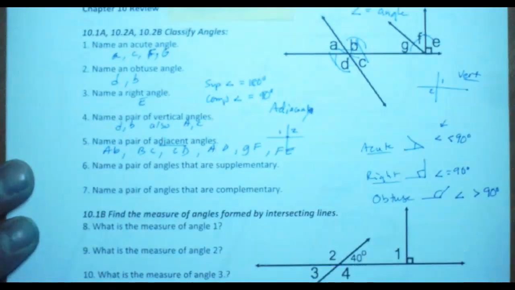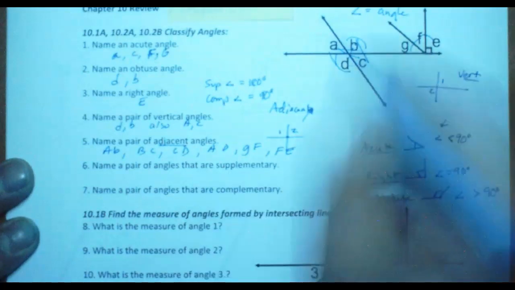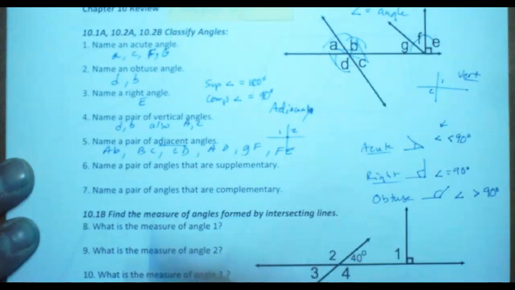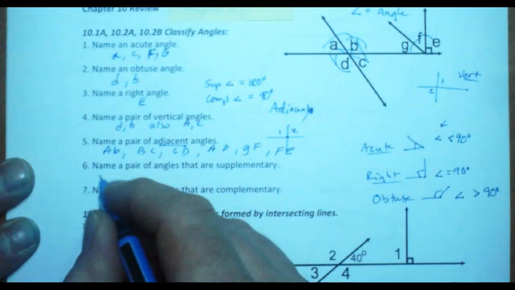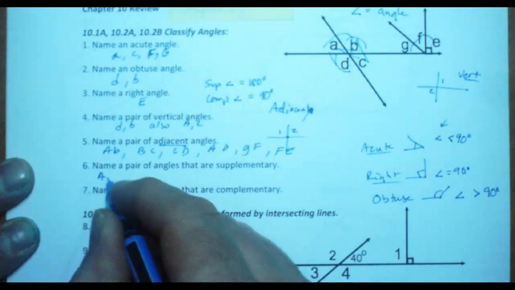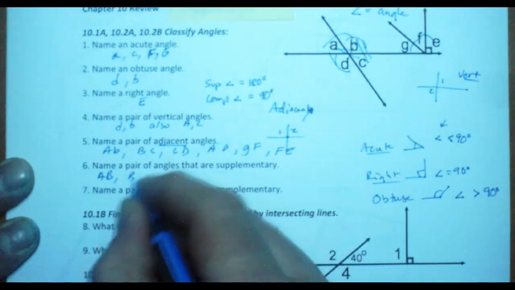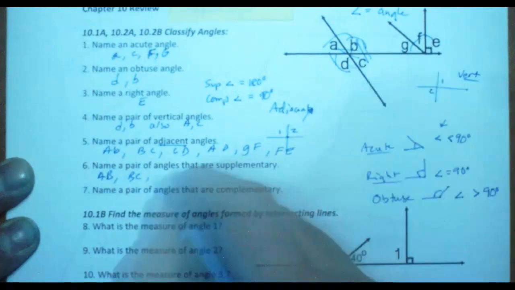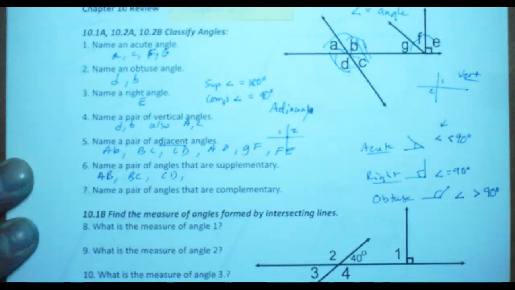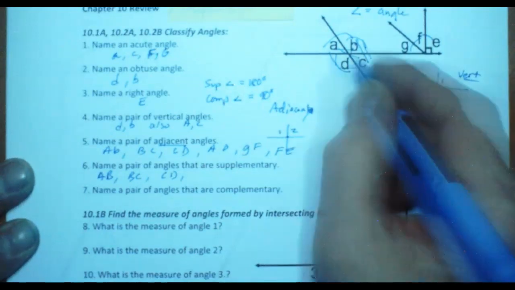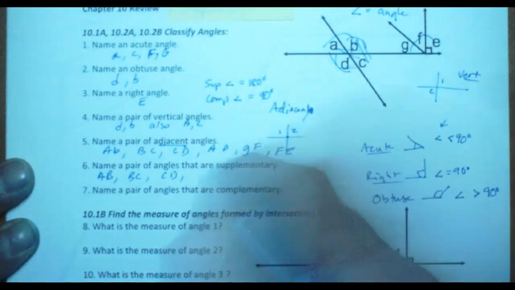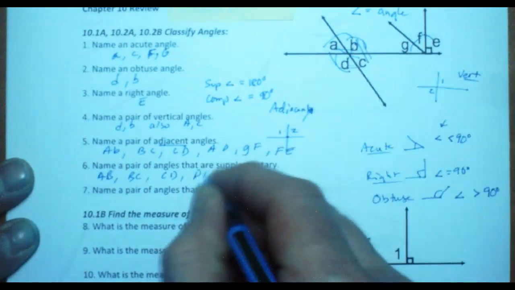So angles that are supplementary. Well, A and B, those are supplementary. They add up to be 180 degrees. So A and B. And it's going to be all of these, you know, B and C, C and D. And you're saying, well, those are all the ones that are adjacent. Well, not all of them, but all of these ones right here are. So C and D, and also D and A. D and A, those are all supplementary.